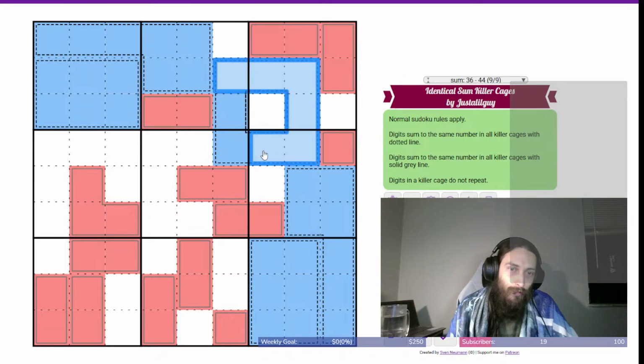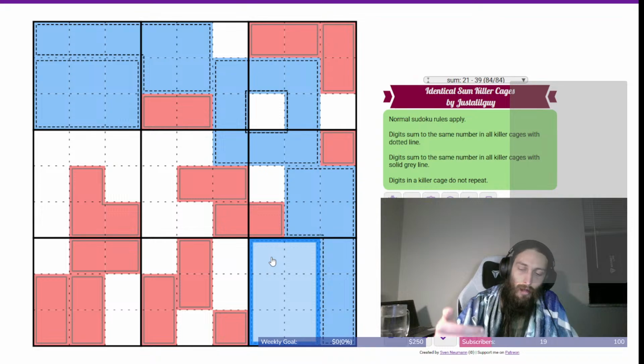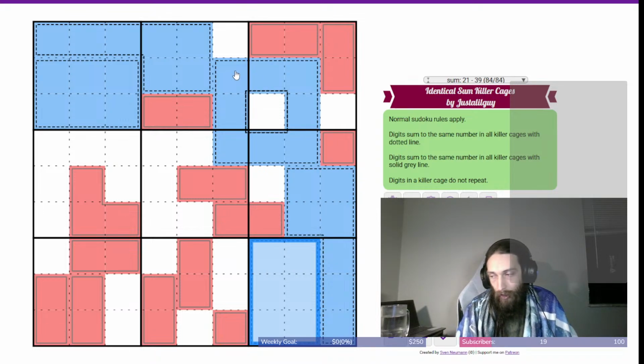And if this is 8, then we're operating in the range... and with these being 6, I'm missing at a minimum of 6, but a maximum of 9.